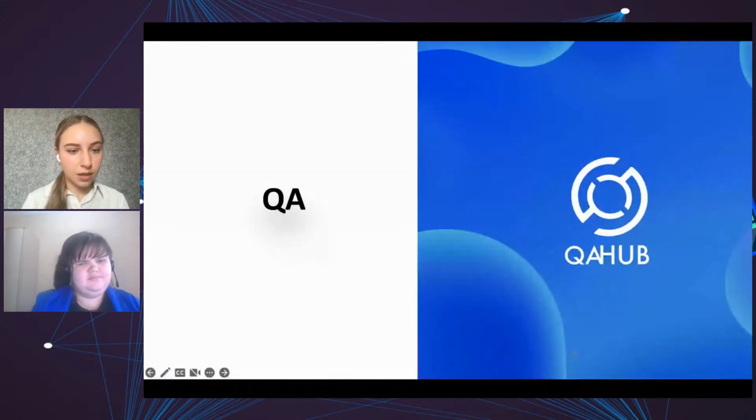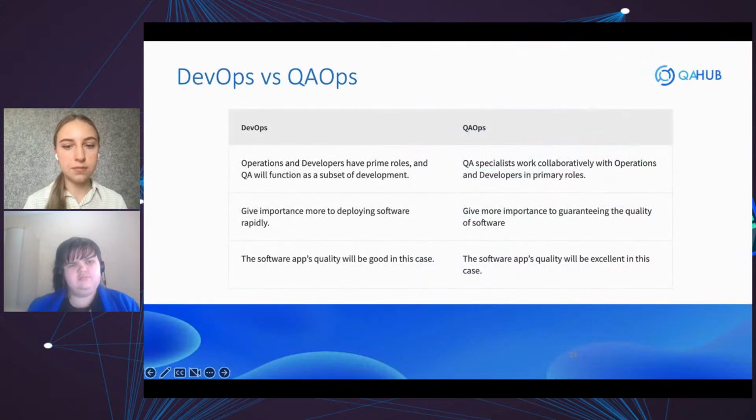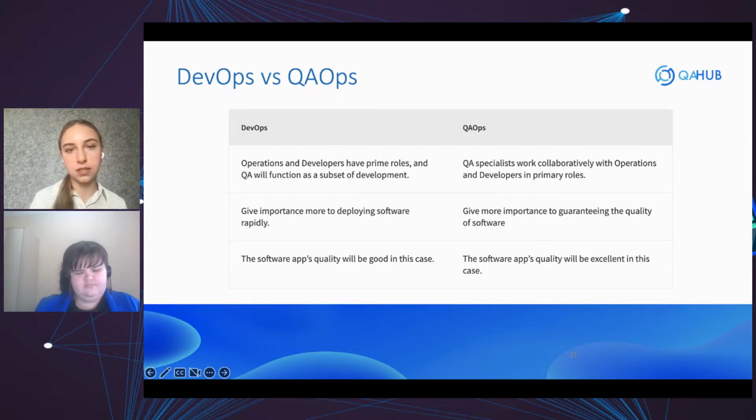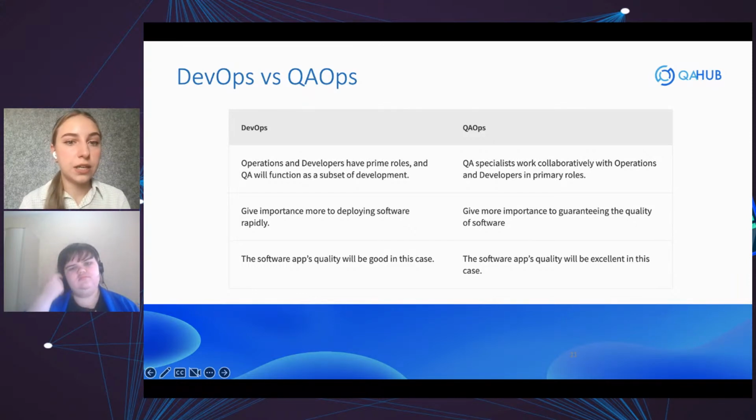If you don't mind, I will share the slide with the difference again. Here you can see some main differences between these two approaches. As I said, QAOps is like the next evolution of the DevOps approach. The main difference, I believe, is that QA is not a subset of development.